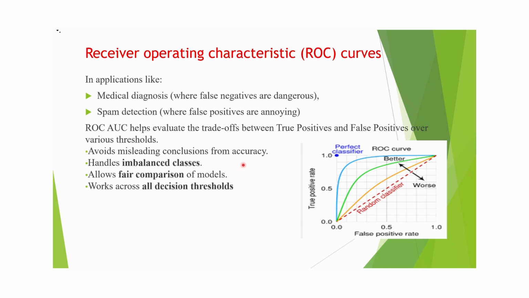It avoids misleading conclusions from accuracy. It handles imbalanced classes, allows fair comparison of models, and works across all decision thresholds. So for a perfect classifier, we'll have an ROC AUC value of 1.